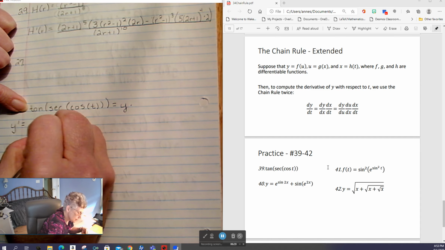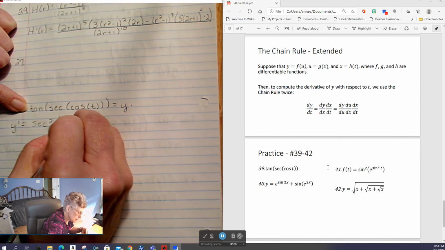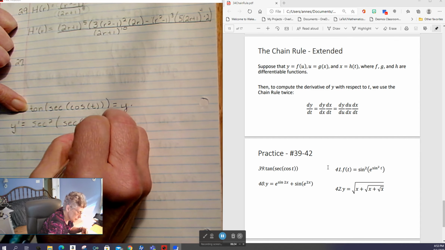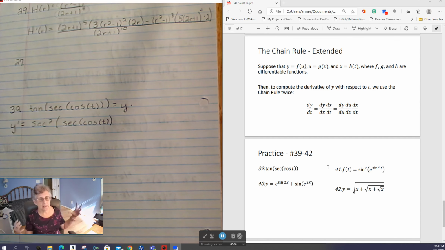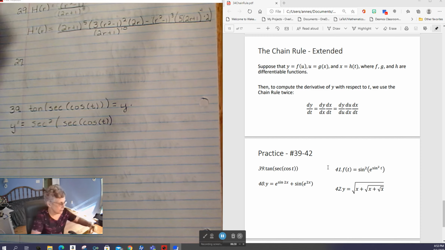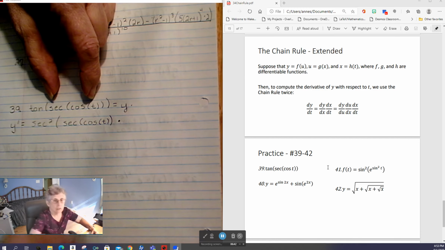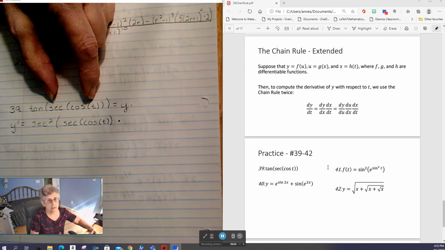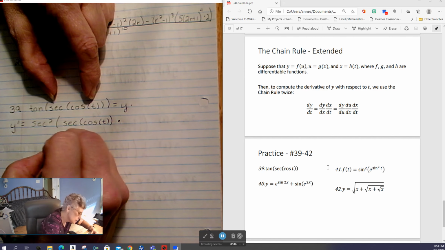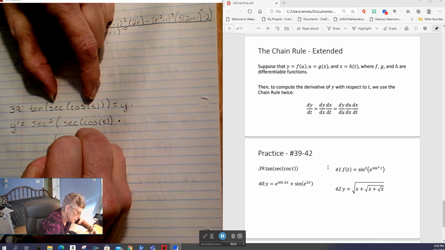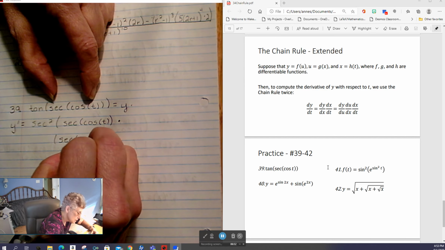Secant squared of secant of cosine of t. That's the outsidest function. Now I look at secant. Derivative of secant is secant times tangent. So secant of inside function stays the same.